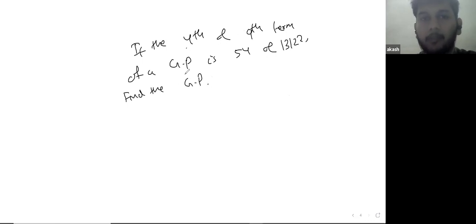Alright, fourth and ninth term of a GP is 54 and 13122, and find the GP. Alright, I'll give you 4-5 minutes to solve this. After that, I'll discuss. Just write down the notations A4, A9, and see if you can solve the equations.